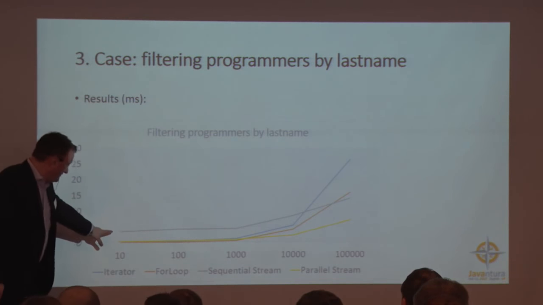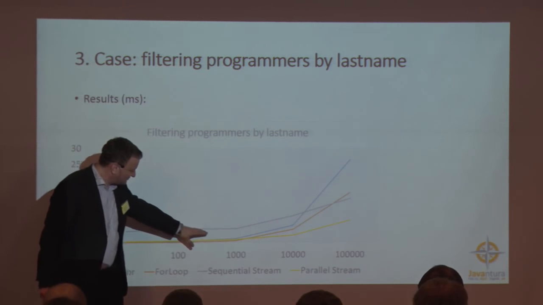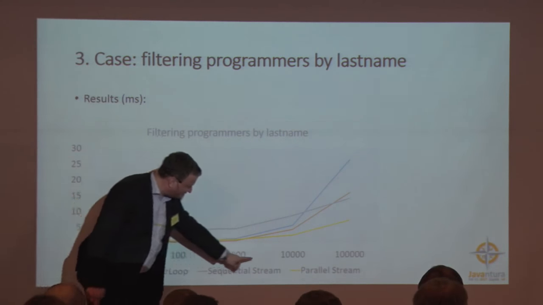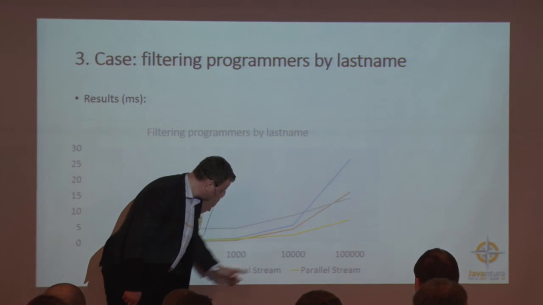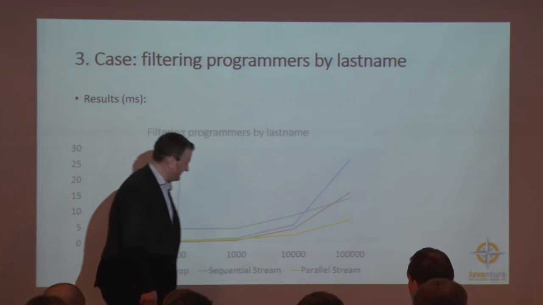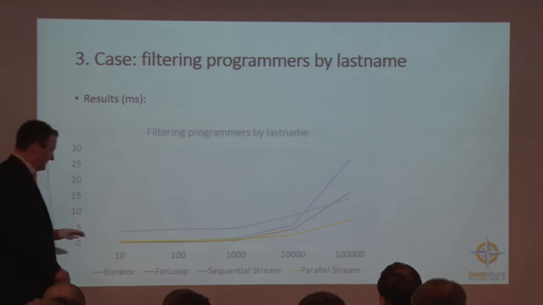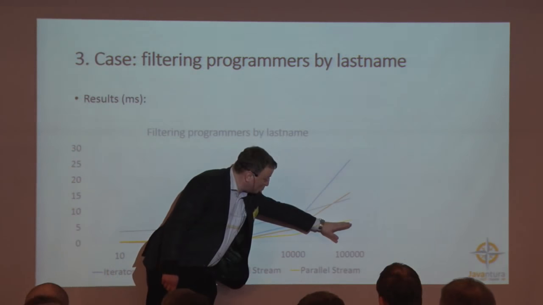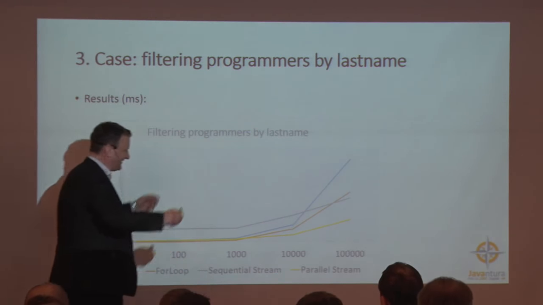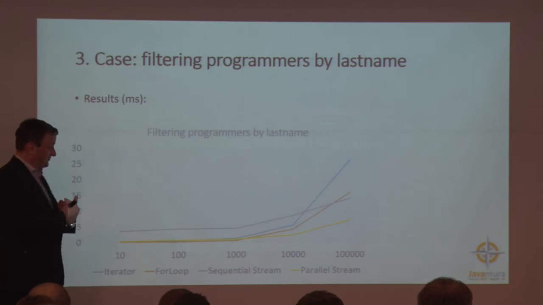So, the last one, sequential stream, is the slowest one, but after the 10,000 objects, the iterator and the for loops are starting to lose the battle, and the parallel stream is finally paying off its performance. So, as you can see, 10,000, 100,000, and 1 million objects, yeah, it's there. You see the performance boost.